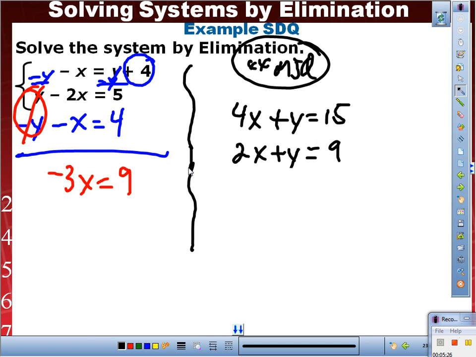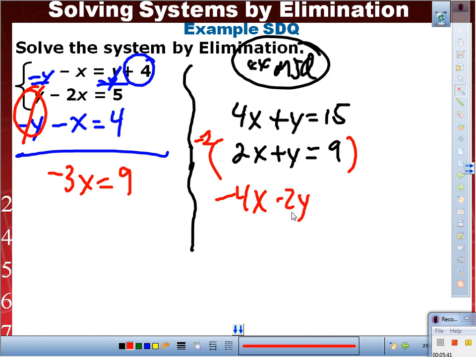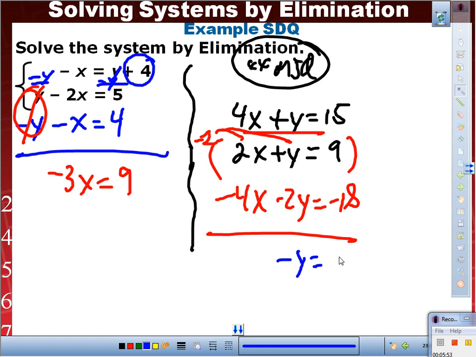Who's got it? Luca. By -2, that is correct. Multiply by -2, that gives me -4x minus 2y equals -18. Does everybody see that? How we distribute, we get this. So now the x's cancel, and we're left with -y equals -3. And of course, from there we divide by -1, so y equals 3.